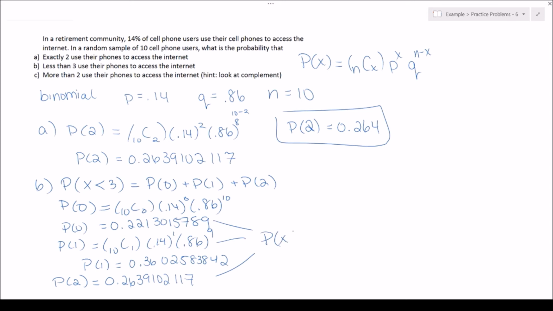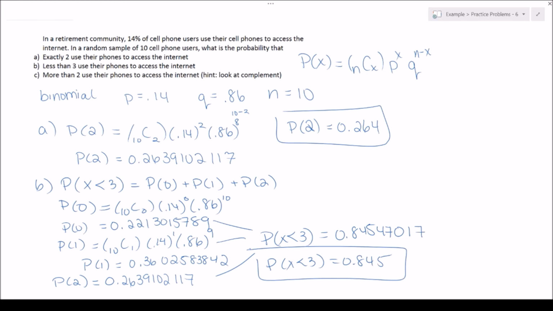So P of less than 3 will be the sum of these 3 things. I get 0.845, 47017, etc. And we'll round this to 3 decimal places. So that's part B, the probability of less than 3.